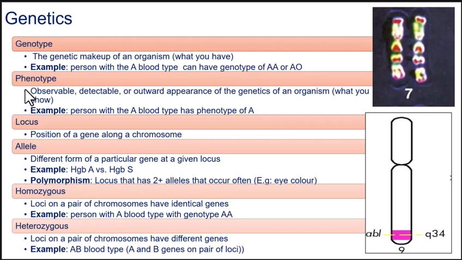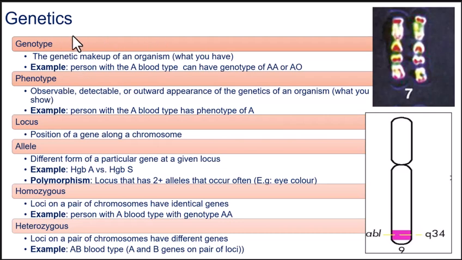Now the outward physical appearance of the individual, which is the result of the genotype, is called the phenotype. I always think of PH for what is physically expressed in a person. So the genes of brown or blue eyes that are inherited from the parent are the genotype.